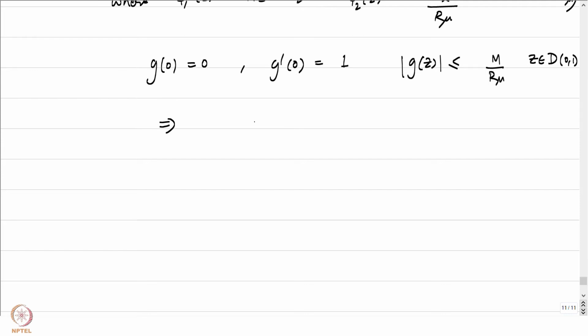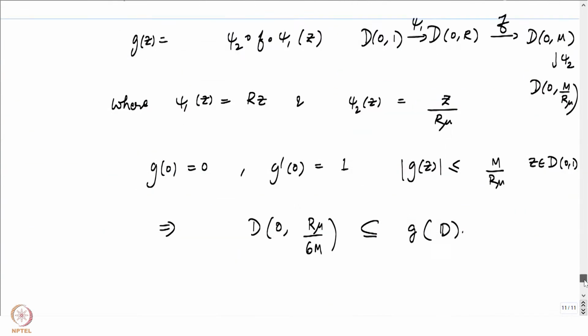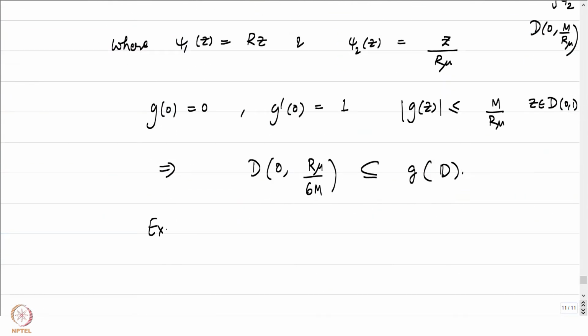This tells us that the disk of radius 1 by 6m, which is going to be r mu by 6m, is going to be contained in G of the unit disk, and that is going to translate into what we want. I'll leave it as an exercise to check that.